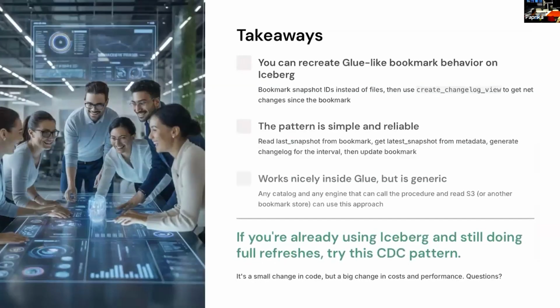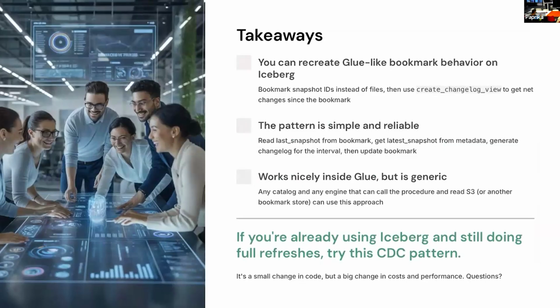Maybe there will be some change down the road. So the takeaways I want to highlight: you can achieve this bookmarking behavior with the native Iceberg toolset. No need for any other open source tools.